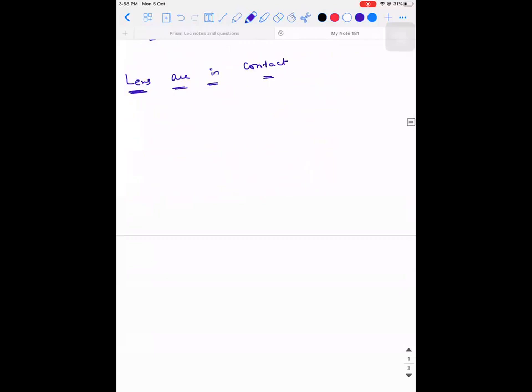To put it in simple terms, we are going to say it as a combination of lenses. So when I say lenses in contact, it need not be that a convex lens is always in contact with a convex. It can be vice versa. Concave can be in contact with concave, or concave and convex can be in contact.